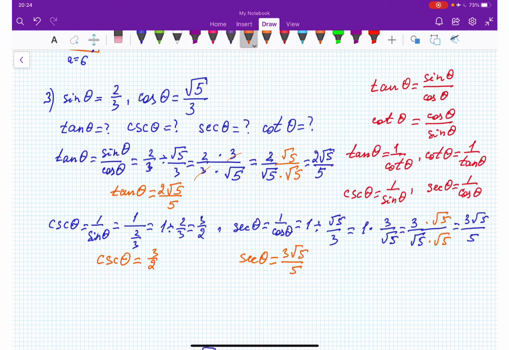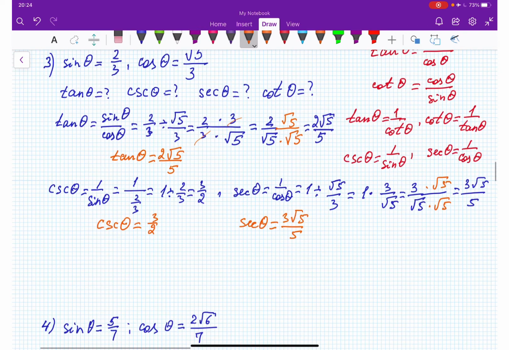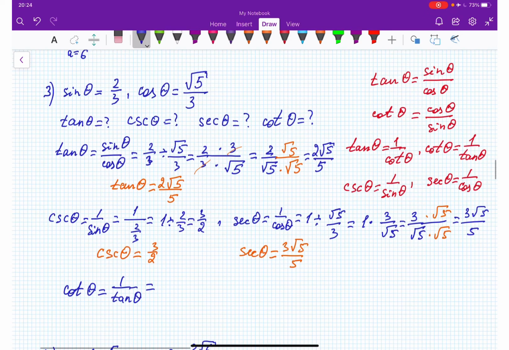Okay, what do we have left? Cotangent. We have left cotangent. Cotangent theta is equal to 1 over tangent theta, right? Or you could take cotangent theta equal to cosine over sine. That's also something we could work with. But 1 over tangent, I like it better. So for tangent, we have 2 square root 5 over 5.